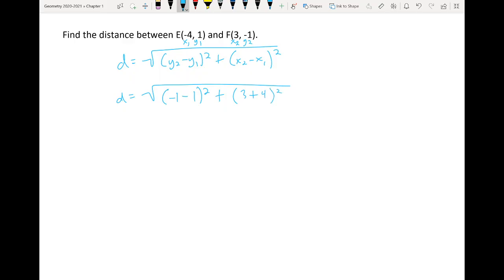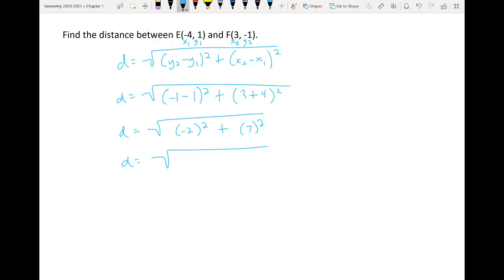Minus a negative means that we're going to add, right? A double negative. Negative times a negative is a positive. Our distance, here we go: -1 minus 1 is -2 squared, plus 3 plus 4 is 7 squared, so just keep working.